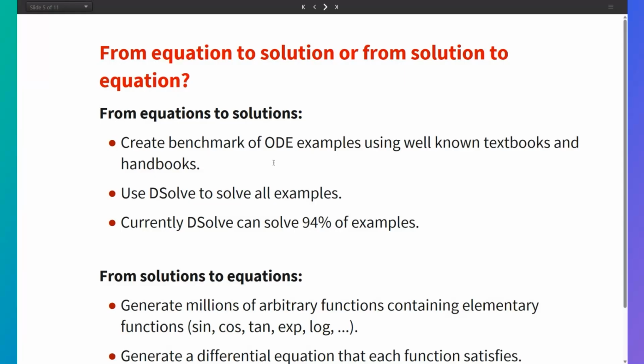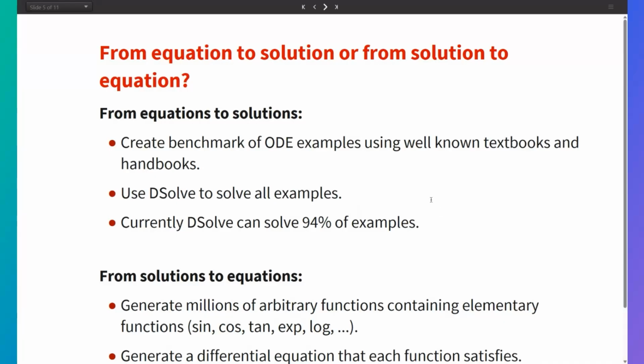As a result, we will get a benchmark of a few thousand examples of differential equations, which in principle should have symbolic solutions, because these are textbook examples. And we can use DSolve to solve all these examples in Wolfram Language. And currently, in version 14.3, DSolve can solve almost 94% of these examples.